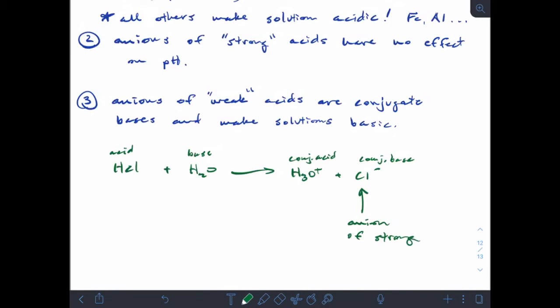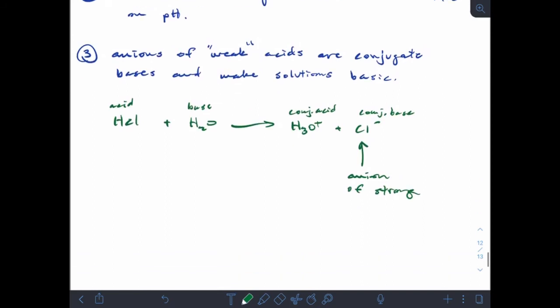In order for that to have any effect, it needs to react with water. We are already making H3O plus, so we would need some sort of OH minus production, right?